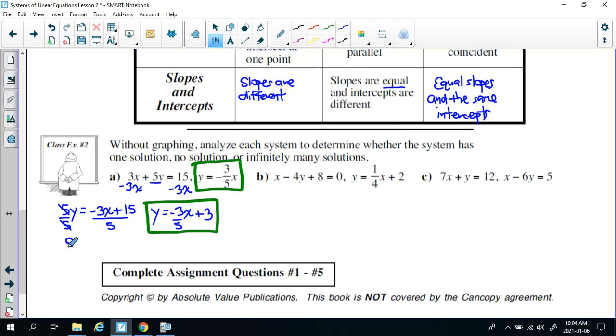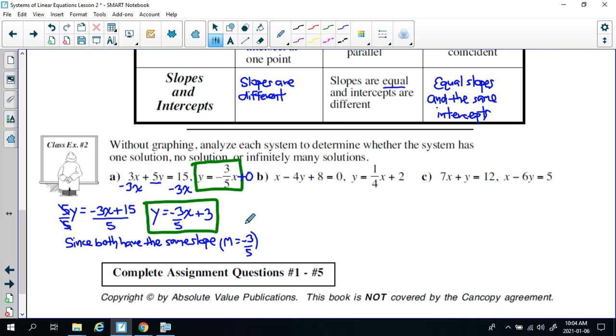Okay, so let's just write down here. Since both have the same slope, and we know the slope here, m, is equal to negative 3 over 5. Since they both have the same slope but they have a different y-intercept. This one would actually have no y-intercept, because in y equals mx plus b it would just be like adding 0.